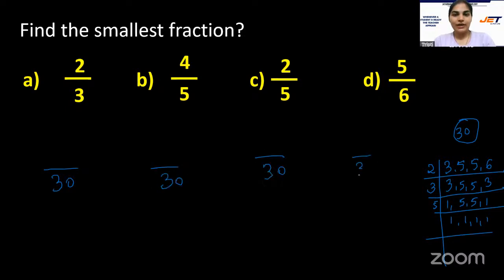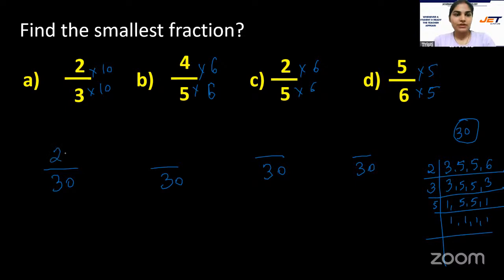And how can I get it? 3 times 10 is 30. If I'm multiplying the denominator by 10, I have to multiply the numerator also by 10. 5 times 6 is 30. 6 times 5 is 30.